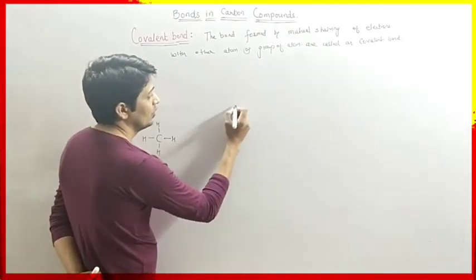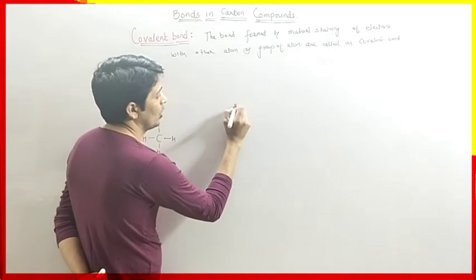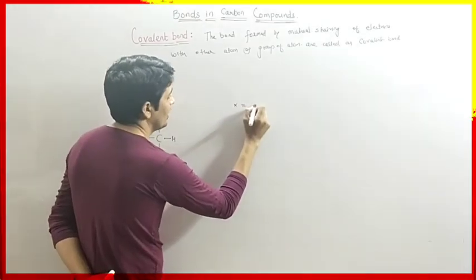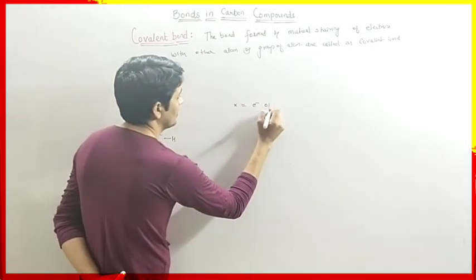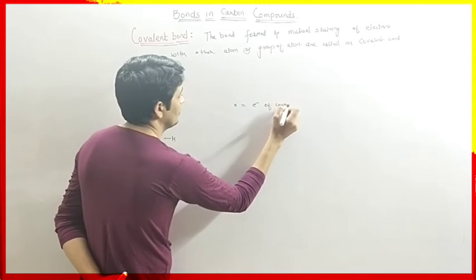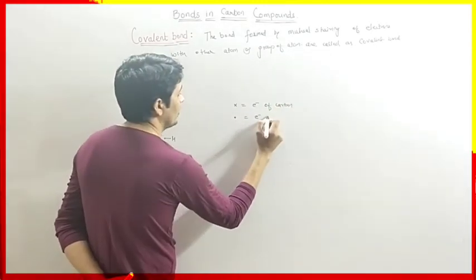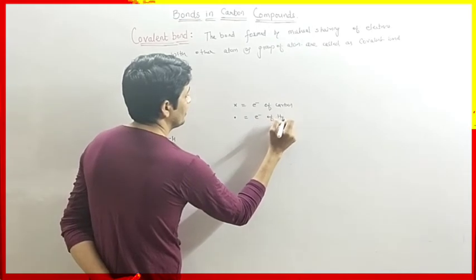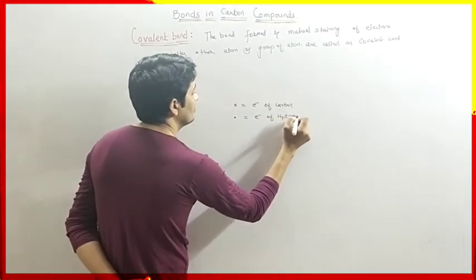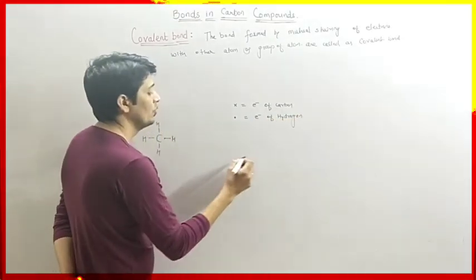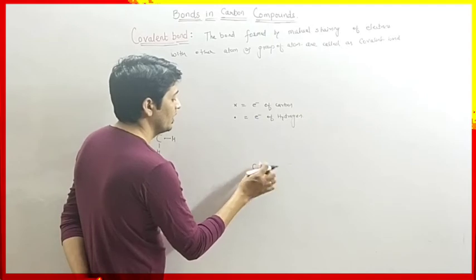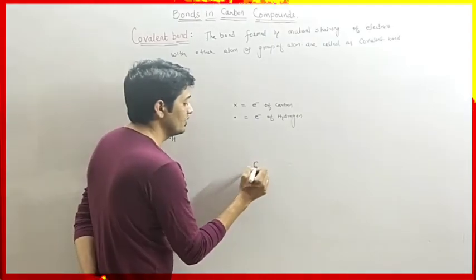Okay, so let cross be the electron of carbon and dot be the electron of hydrogen. Okay, so we know carbon has 4 electrons in its outermost shell.